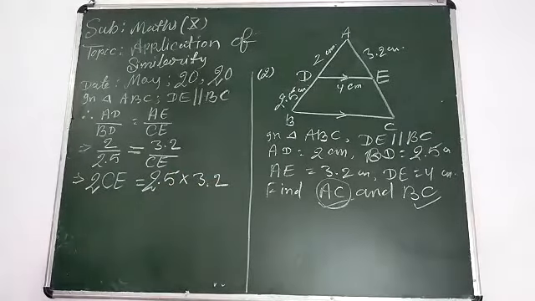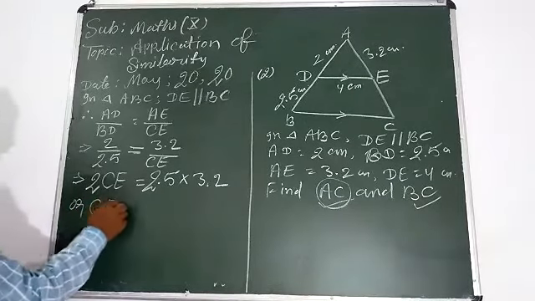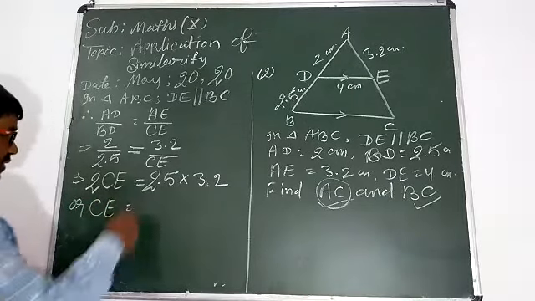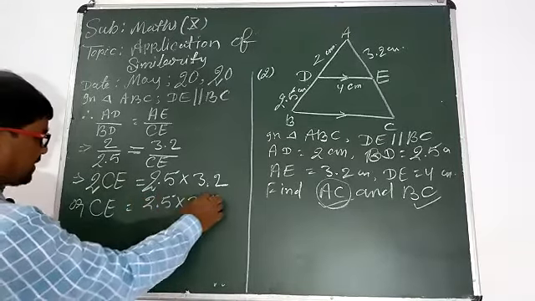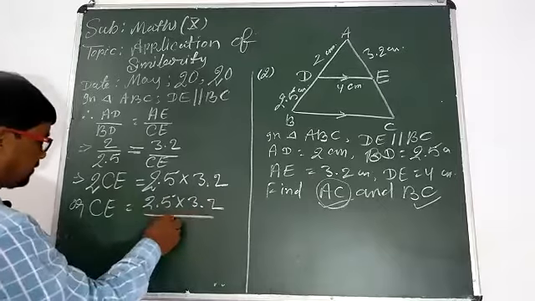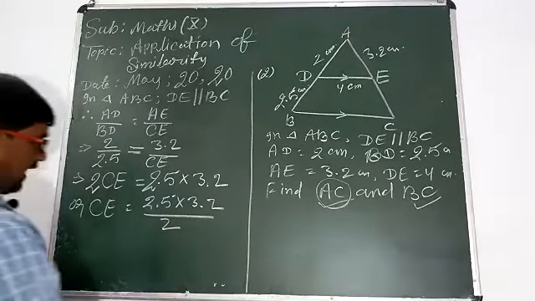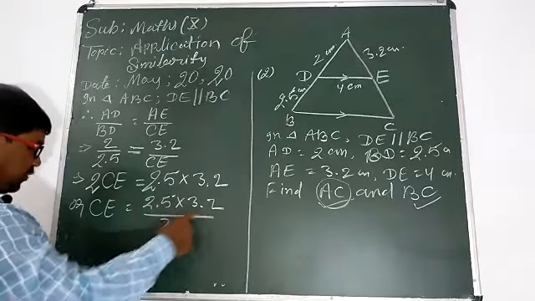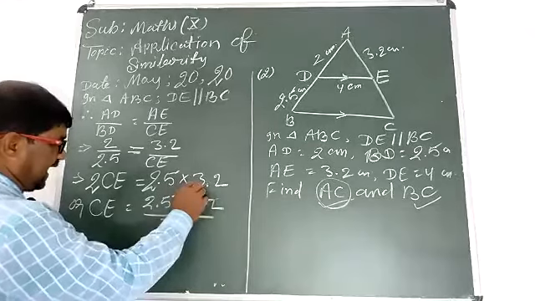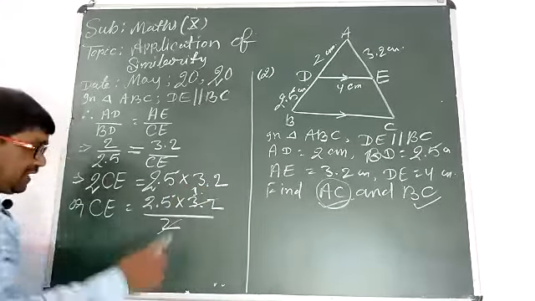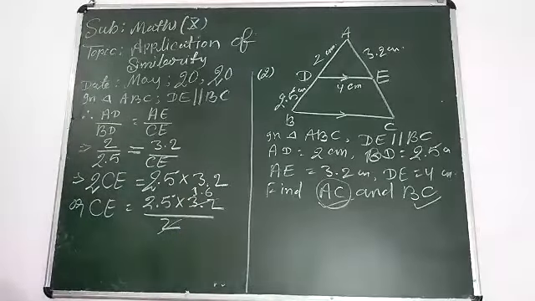Or CE equal to 2.5 multiply 3.2 upon 2. You can divide by 2: 2 ones are 2, 2 sixes are 12, so 1.6 now.